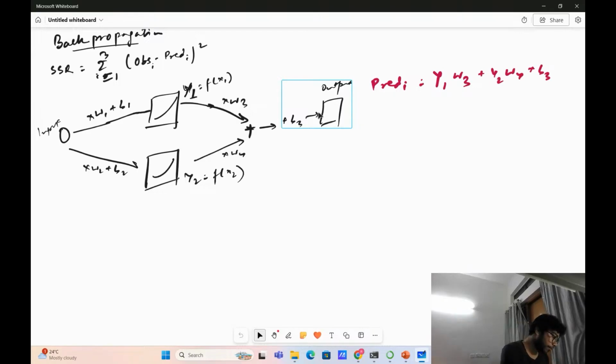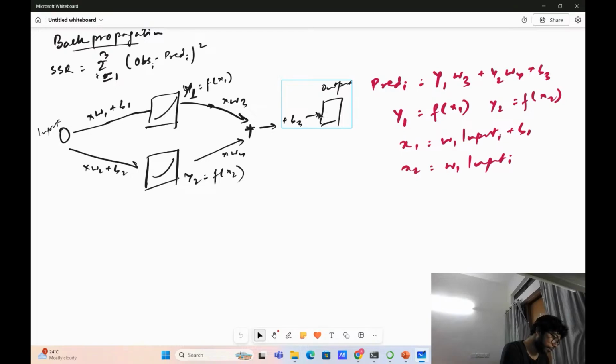And here your y1 is f of x1, y2 is f of x2. Similarly, x1 is W1 into input i plus B1, and x2 is W2 into input i plus B2.